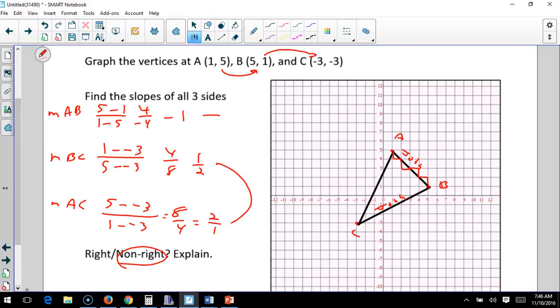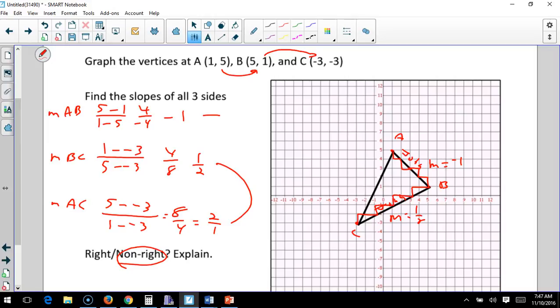And once again, you can prove that B is not because it's 1/2, right? Well, we go up 1, right 2, up 1, right 2, up 1, right 2, up 1, right 2. That is definitely a 1/2 slope. M equals 1/2. We prove that this is definitely a -1 slope.